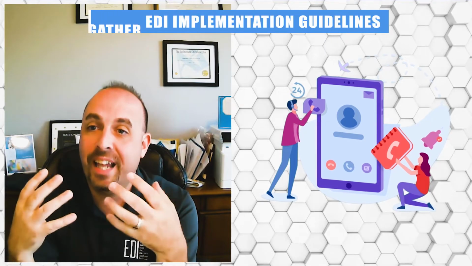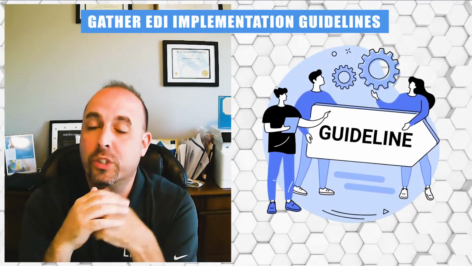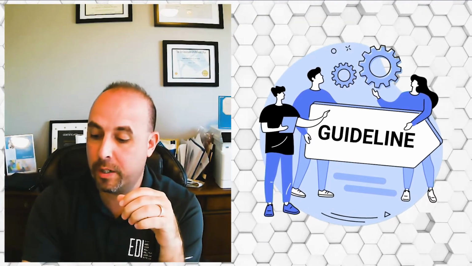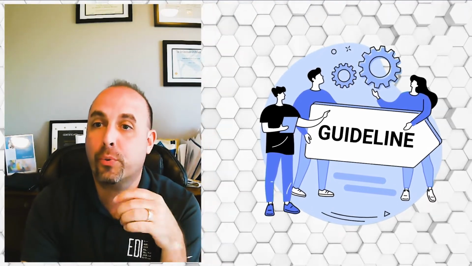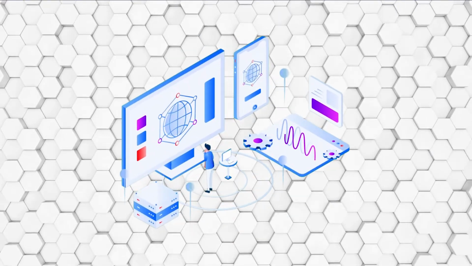From that, the next thing you need to do, unless you have your provider doing these things, is get the guidelines. What documents are we going to be exchanging? Which documents are mandatory? Which are not mandatory? And go through all of that to figure out what we need to take care of.